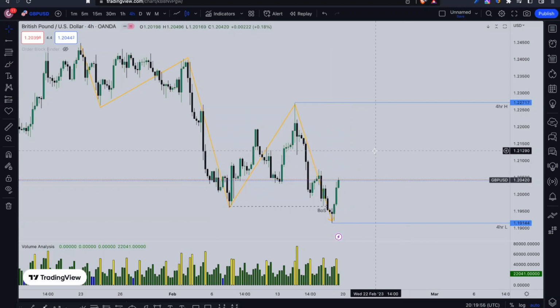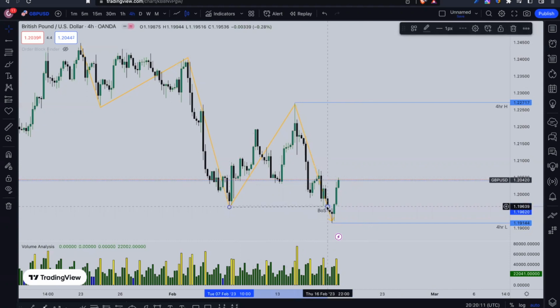Okay. All right. The next question is, what is the target? Price has taken out this low, right? And we are moving high now.